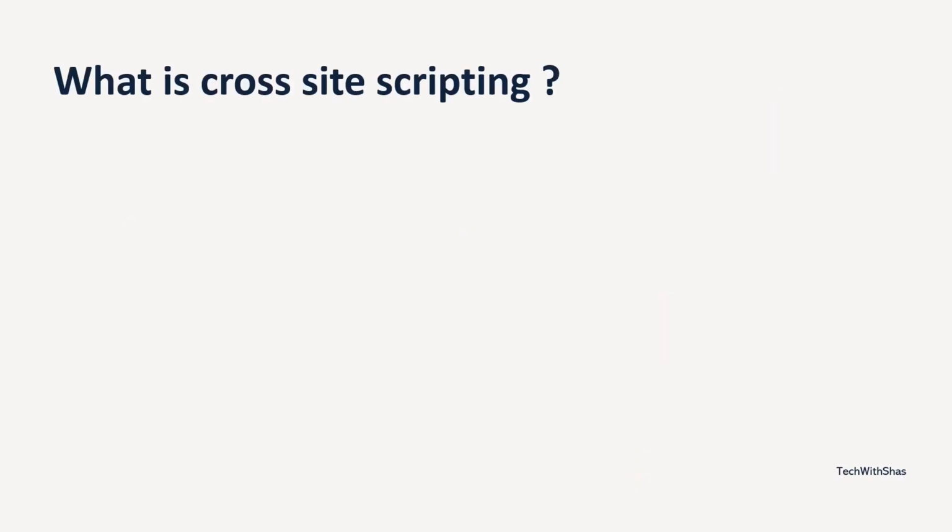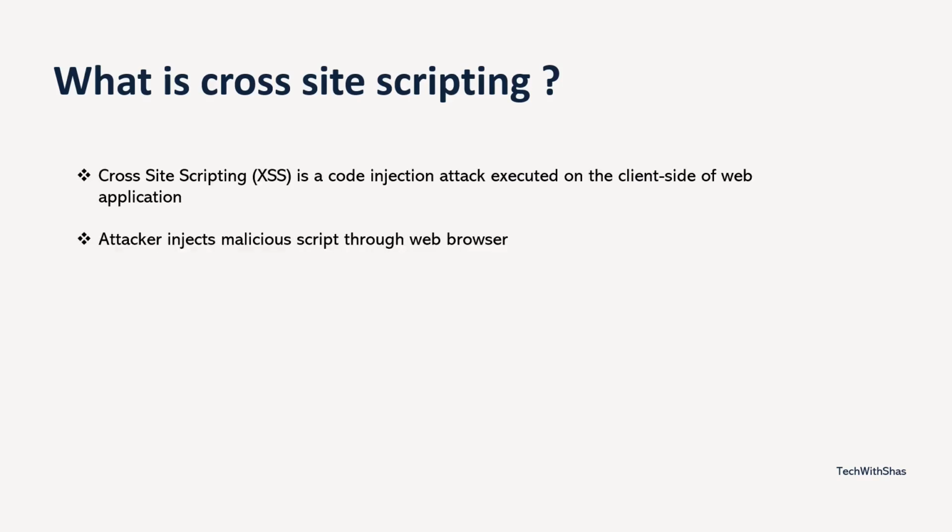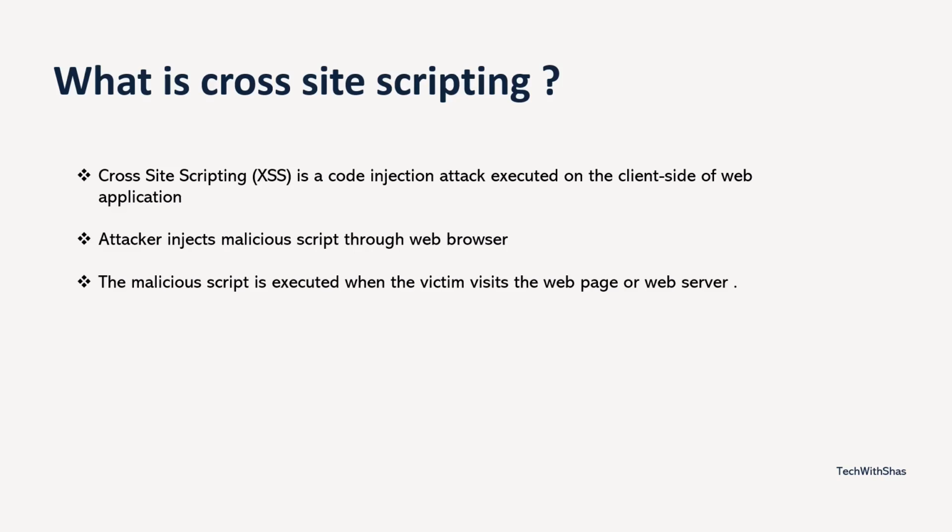But before we go into that policy level, why do we need a policy in the first place? Because whenever we have any UI application up and running on the internet, any hacker or attacker may identify some vulnerabilities in our application, and then they can inject their malicious script into our application.